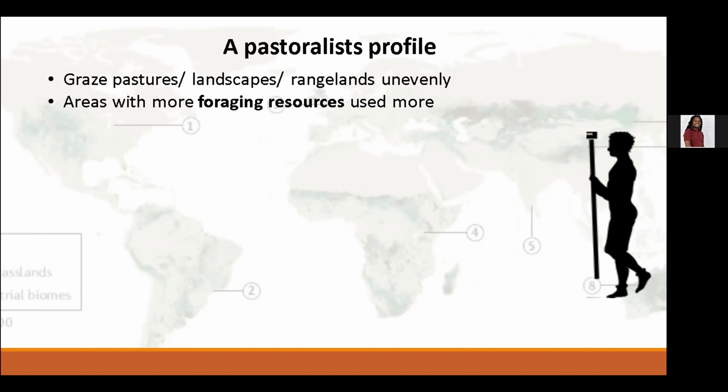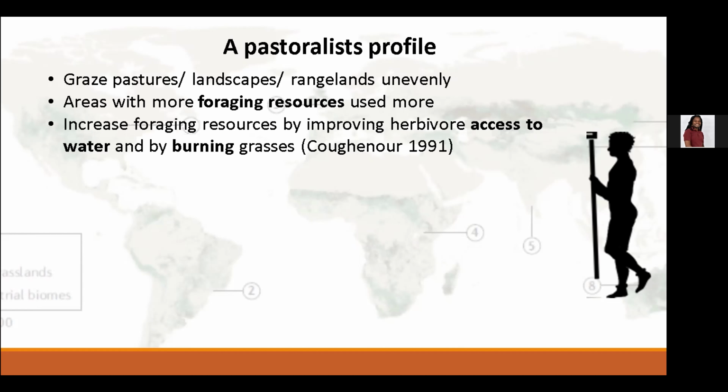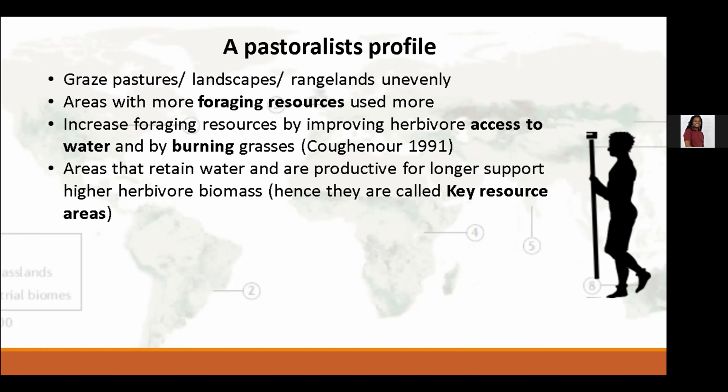And most of the areas which are preferred have more foraging resources. But sometimes the areas without foraging resources can be improved by having more access to water, or by burning grasses, which increases the resource potential of landscapes.